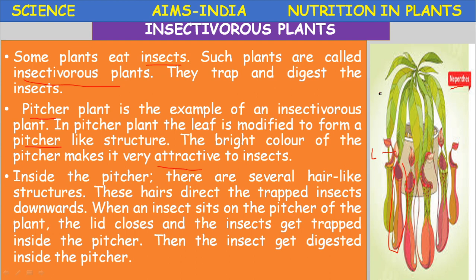It is an adaptation. Because plants not only need carbohydrates, they also need proteins. These insectivorous plants grow in nitrogen deficient soils. That's the reason why they adopt this method of feeding on insects.